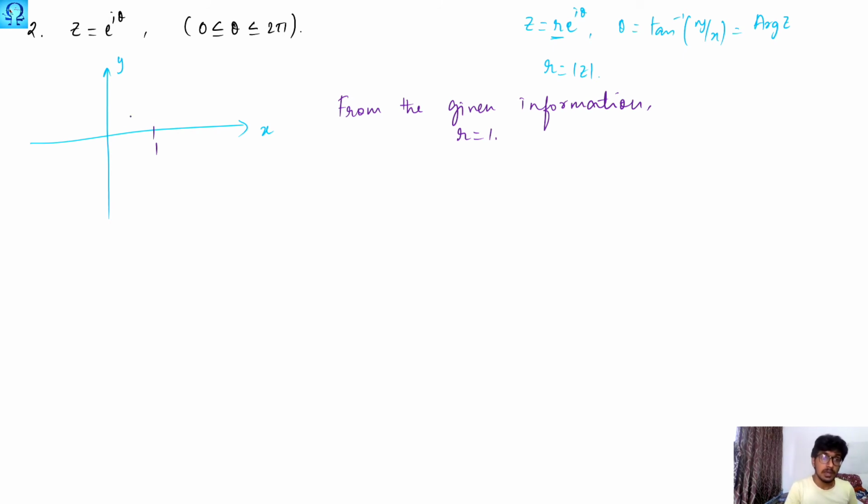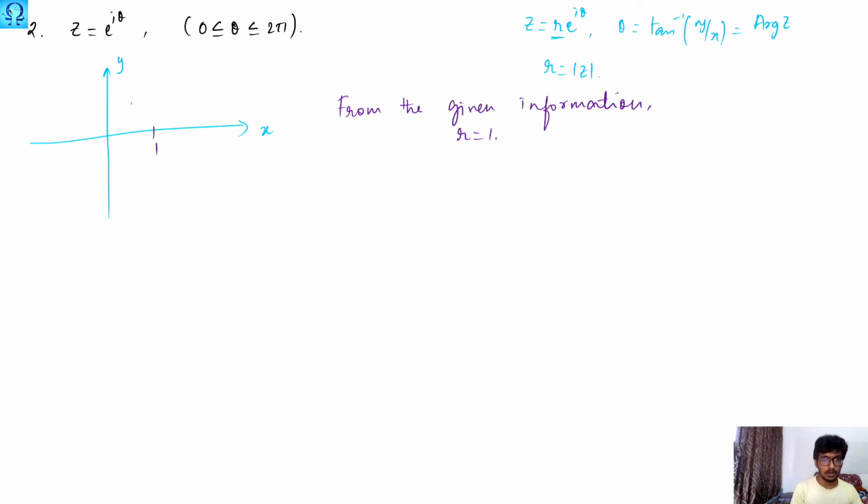Now let us recall the things. If this is my point P, this distance is r and this angle is theta. Here your r value is fixed but your theta value is varying. When your theta value is 0, it lies exactly on the x-axis. When your theta increases positively, it moves like this, and you will get a circle.